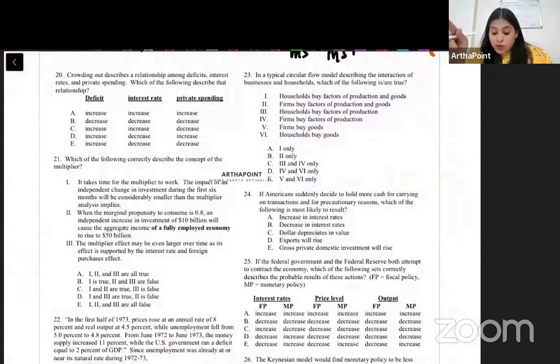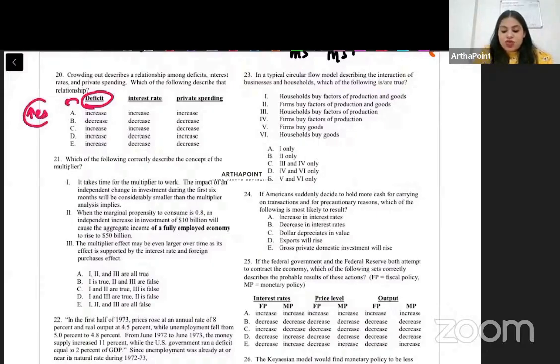Crowding out has come. Now look. Crowding out describes a relationship among deficit, interest rate, and private spending. Which of the following describes that relationship? So what does crowding out say? Whenever your deficit increases, that means government is doing more spending. Then government will put pressure on the loan market.